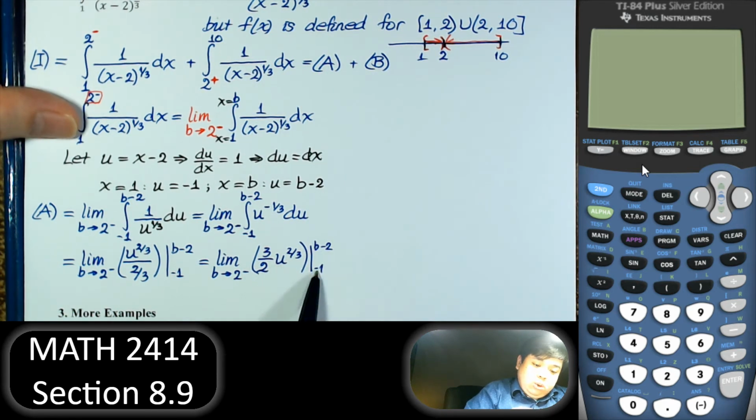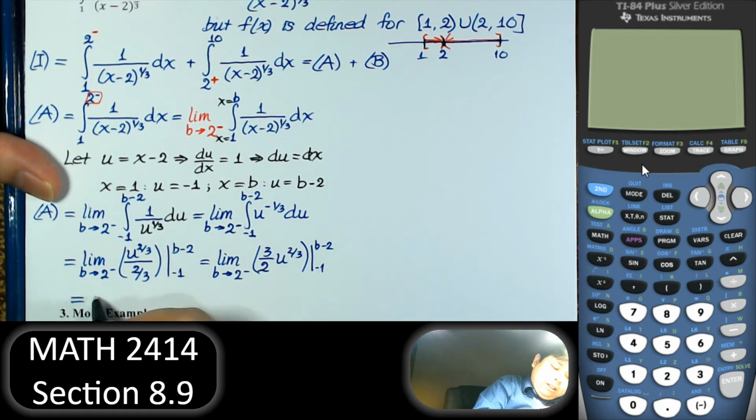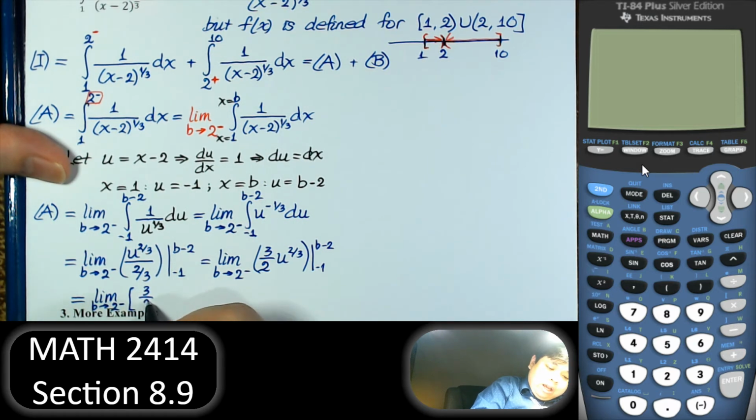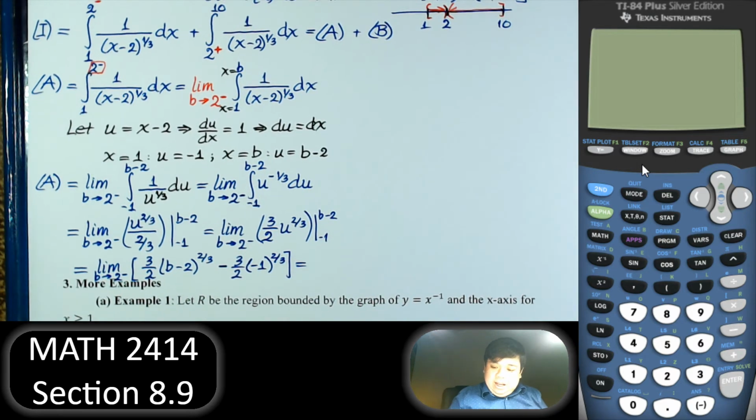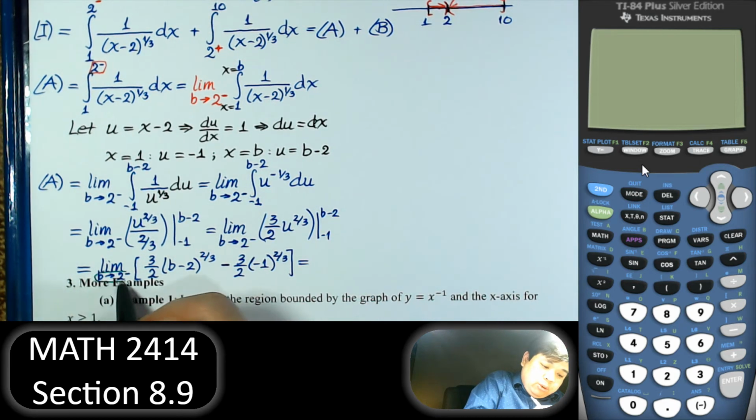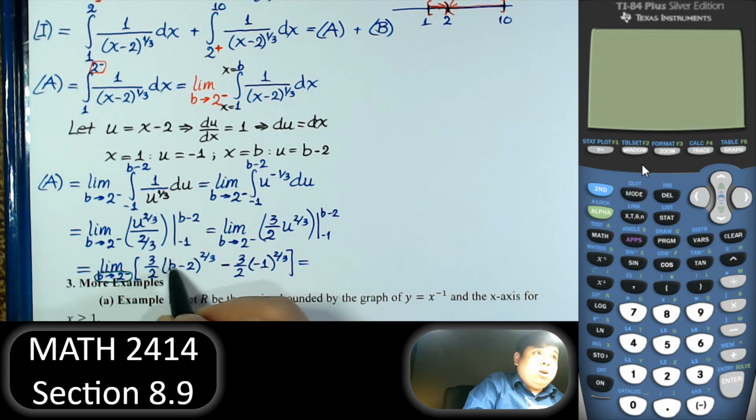Substitute b minus 2 and negative 1 in here. Three halves times b minus 2 to the 2/3, minus 3/2 times negative 1 to the 2/3. Now, since b goes to 2, b minus 2 goes to 0, right?